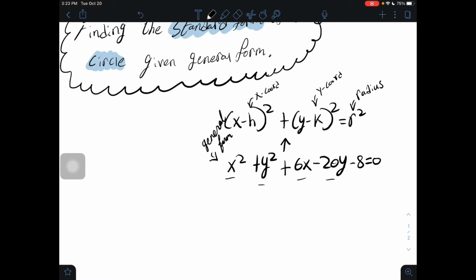So you can see our first x value is x squared, then we have our second x value being 6x. So let's write that down below. We're going to put the x values and y values in separate parentheses.